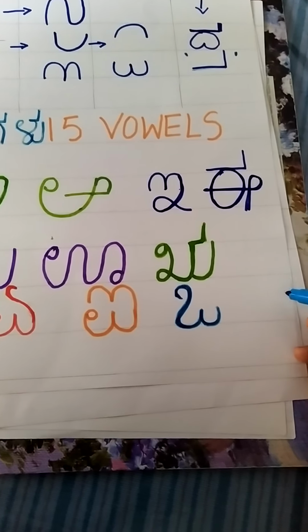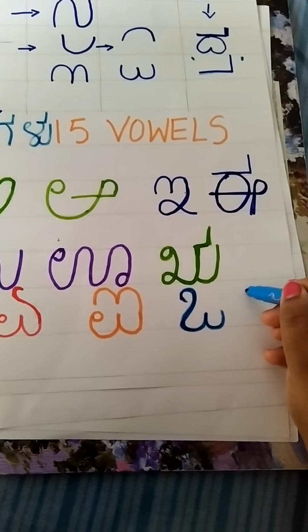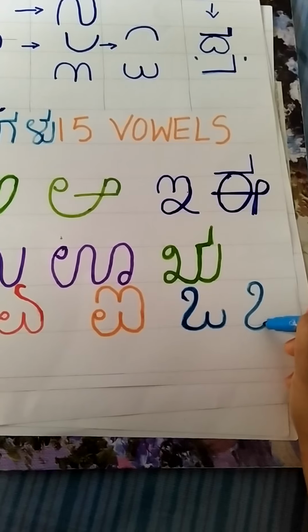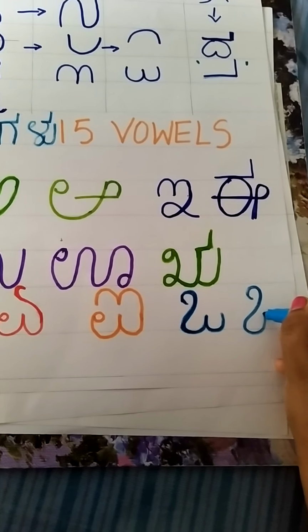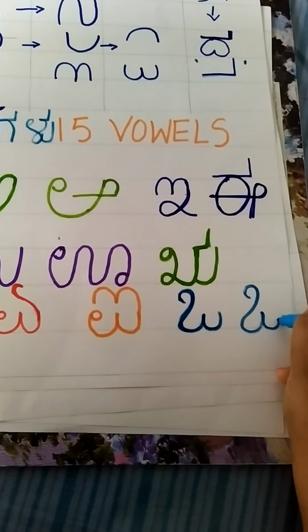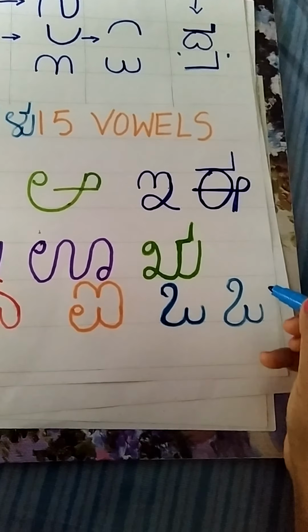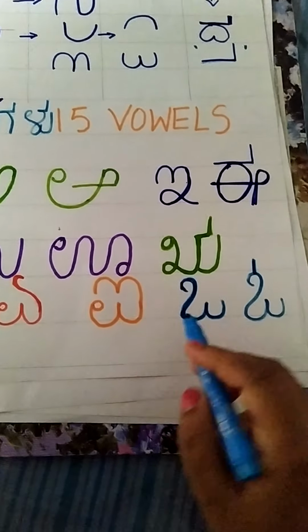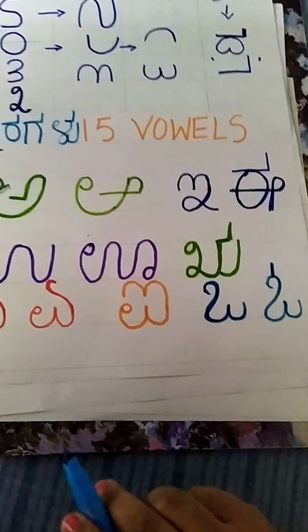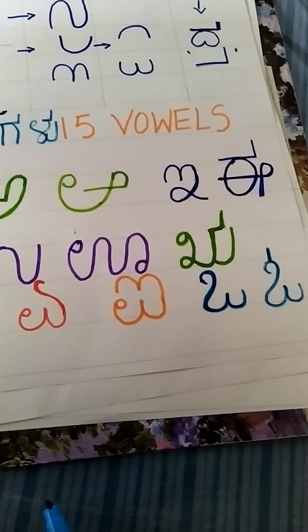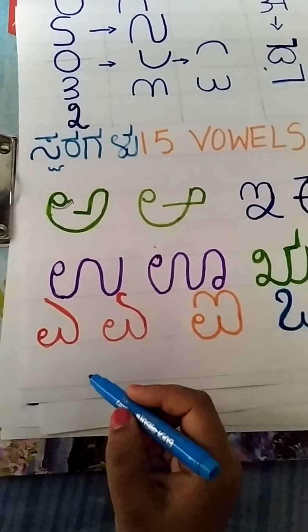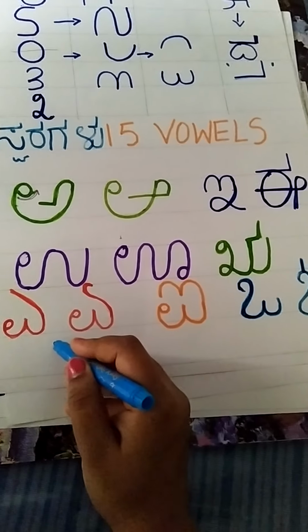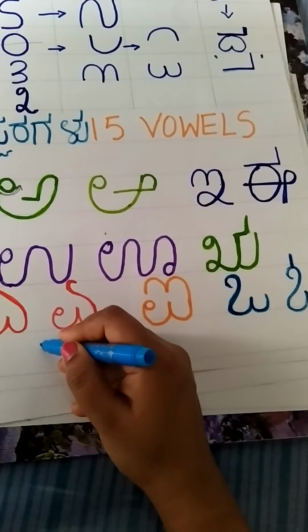The next one is Oo. See, the same similar way. Both are the same, but you have a line for Oo. Got it? Same way, how O looks, the same way you write it.